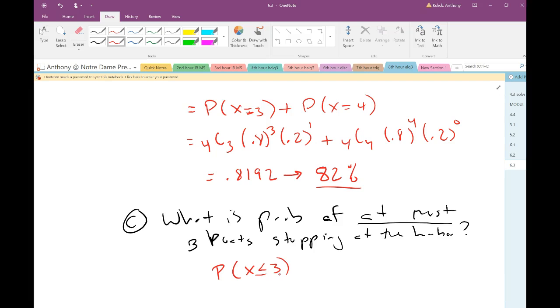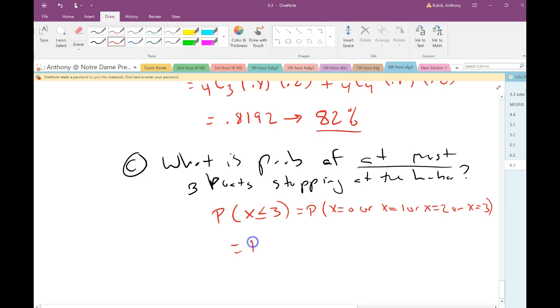At most 3, so that could be 0 boats, 1 boat, 2 boats, or 3 boats. Jeepers creepers! So that would mean I'd have to do P of x equals 0, plus P of x equals 1, plus P of x equals 2, plus P of x equals 3.